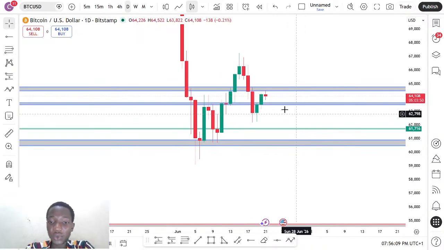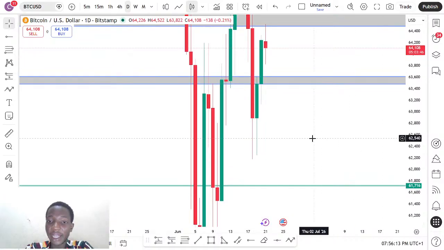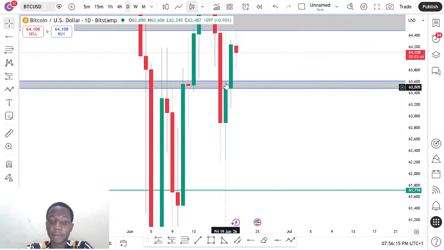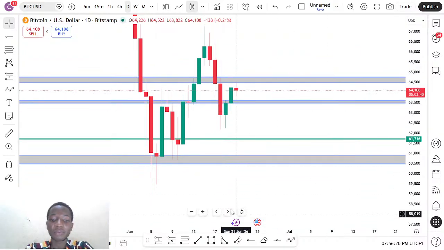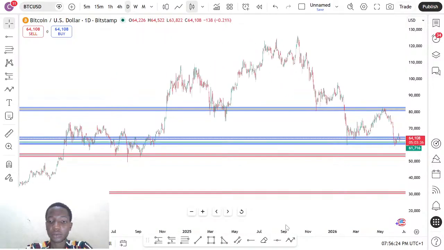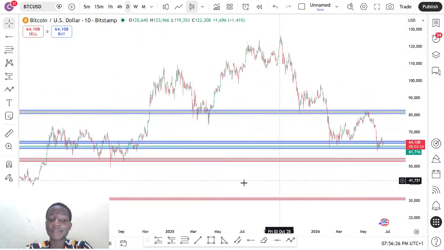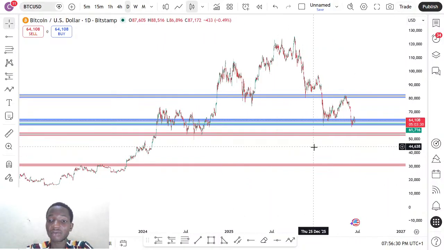Okay, I marked this one here. I zoomed in very well, then marked it from this place here. Because if you look here, Bitcoin has been in an uptrend for a long time, but starts coming down.